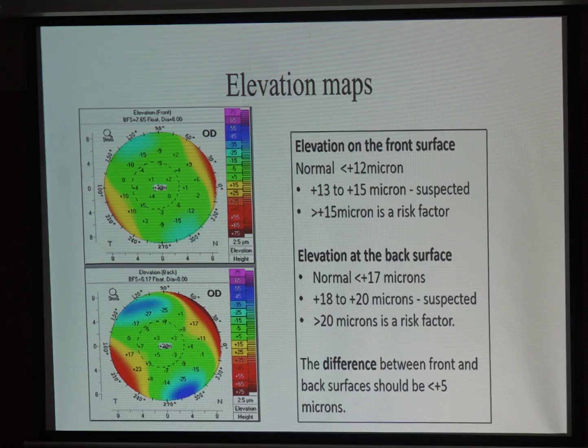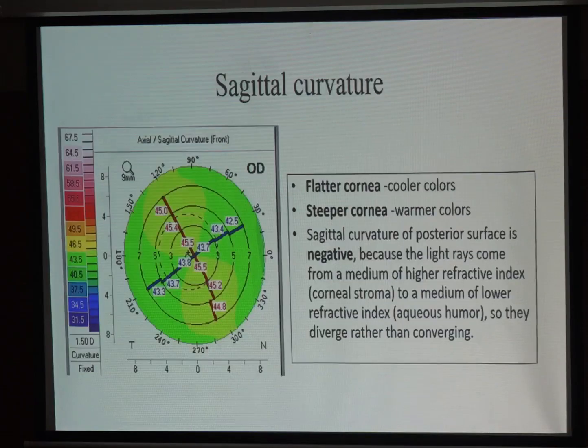I'm repeating it once again, the hotter colors, which are towards the red, depict the elevation, and the cooler colors, which are towards the blue, depict that it is below the reference surface, right? Normally the elevation on the front or anterior surface should be less than 12 micron. The back surface normal value is less than 17 micron, and the difference between the front and the back surfaces should be less than 5 microns.